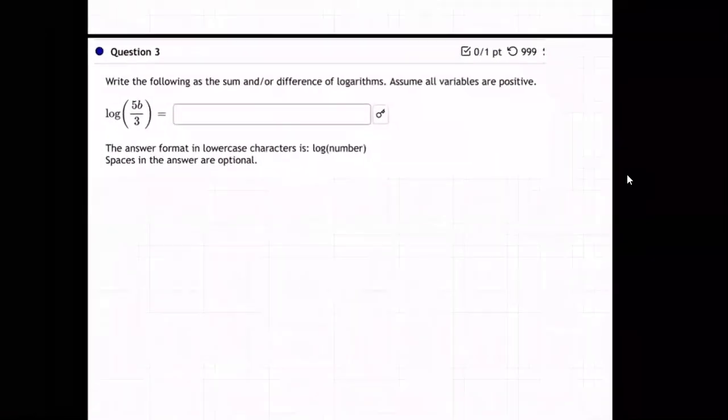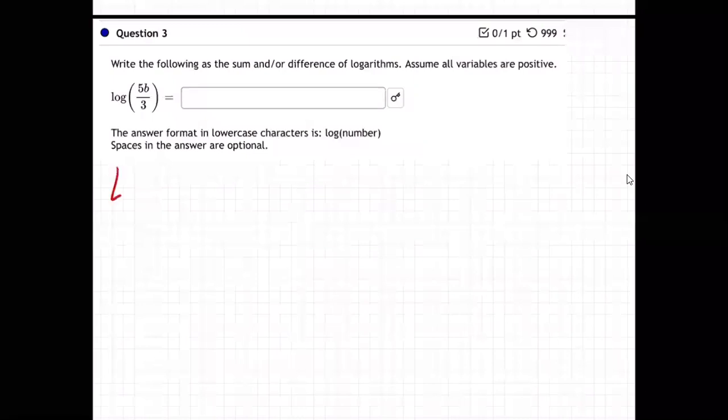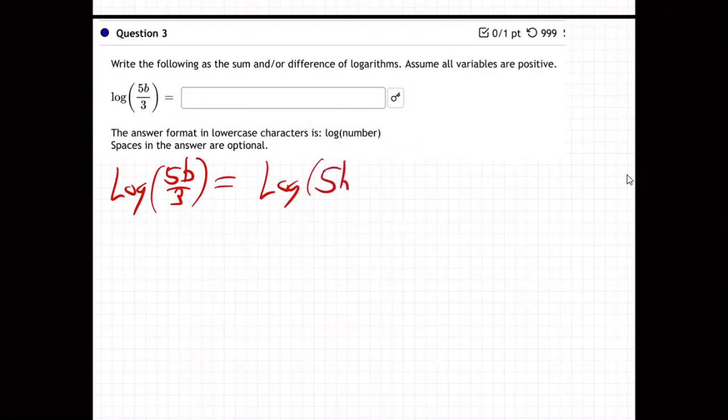Okay, so getting back to the problem, what are we going to do then? I'm going to say, okay, this one log of 5b over 3 is two separate logs subtracted. Does that make sense?